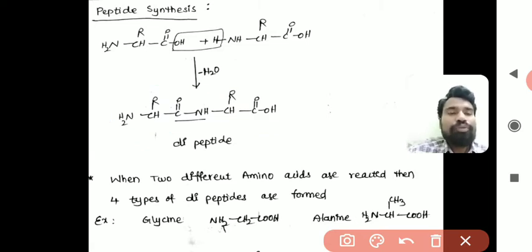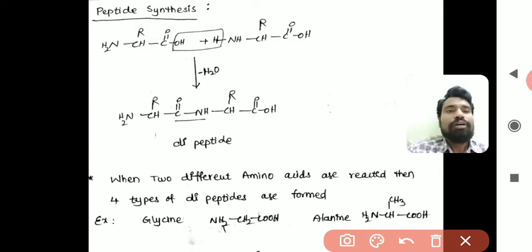If we want to prepare a dipeptide, we have to add two amino acids and make them react with each other. But when we add two different amino acids, for example glycine and alanine, four kinds of dipeptides would be formed.